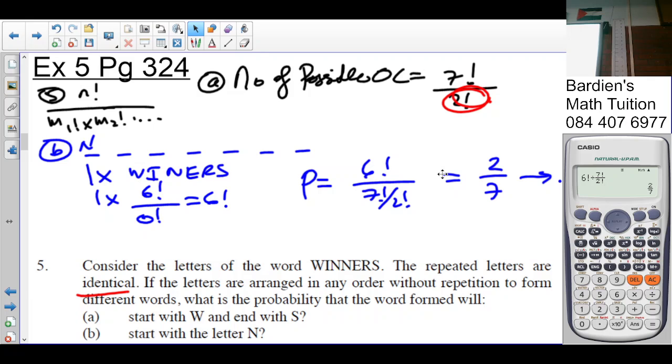This is chapter 10, exercise 5, number 5. No, not corrected yet. We haven't changed it. Okay.